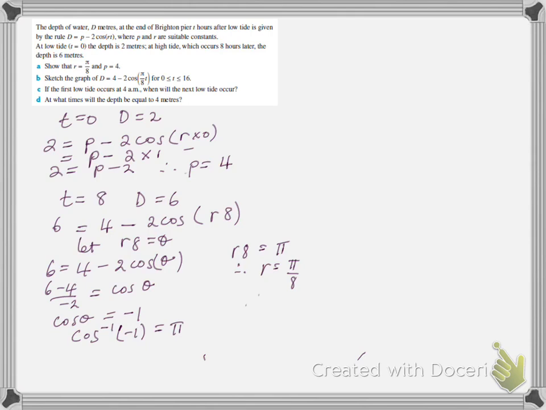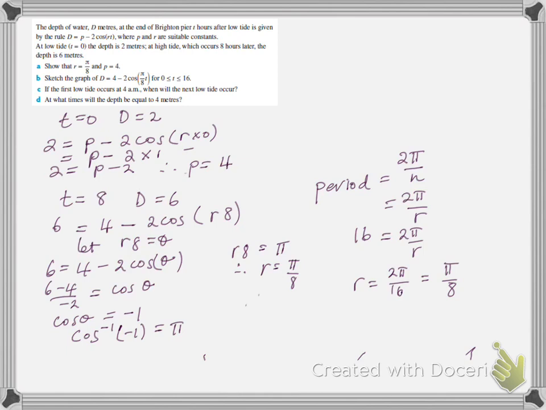So if your period is 16, and we know that our period equals 2 pi on n, but in this case we're looking for R, so 2 pi on R. And if our period is 16, then R is going to be 2 pi on 16, which is the same as pi on 8, okay?